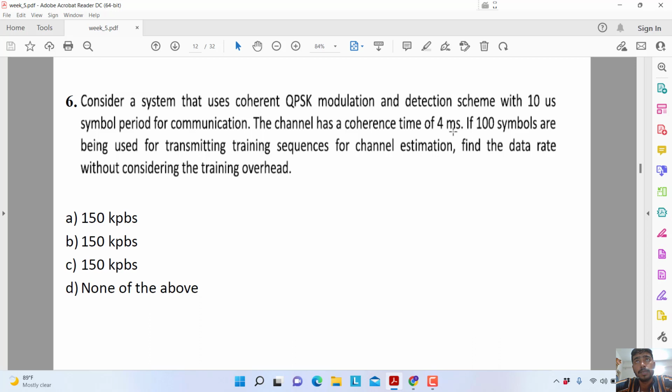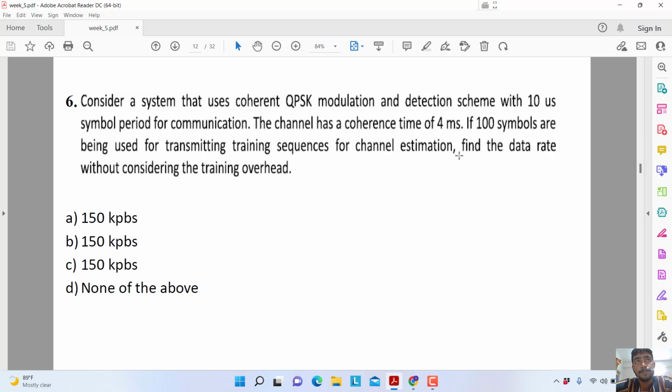If 100 symbols are being used for transmitting the training sequence for channel estimation, find the data rate without considering the training overhead. We have to find the data rate, given the symbol period, the coherence time, and 100 symbols for channel estimation.